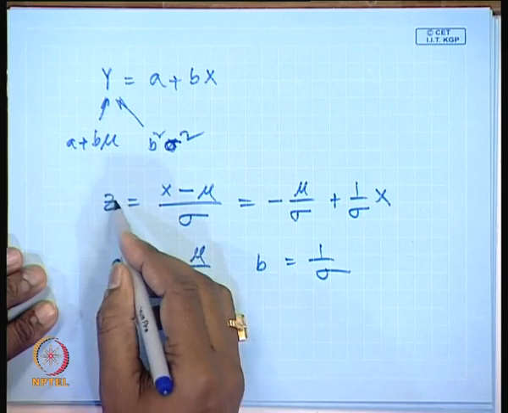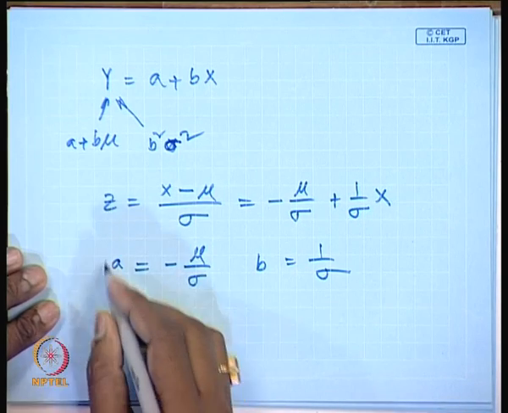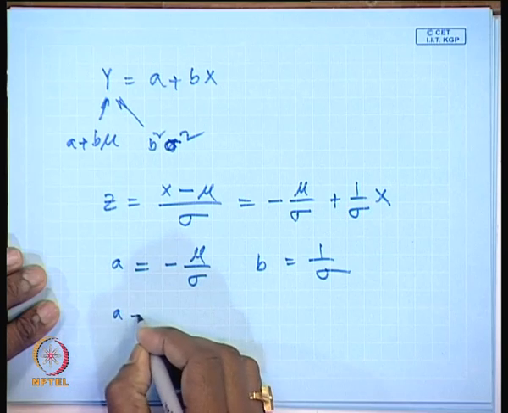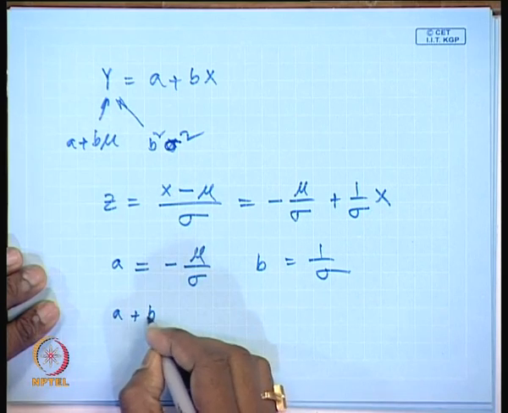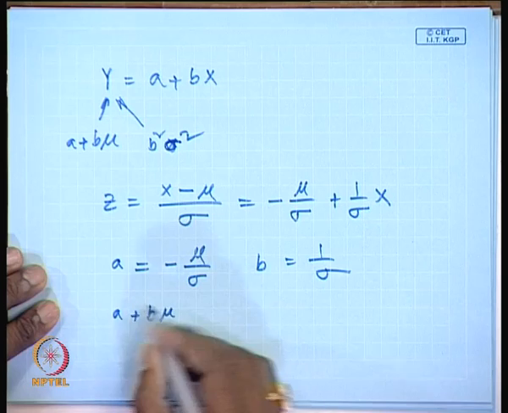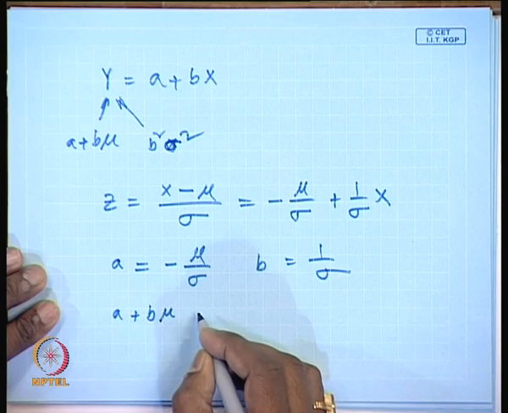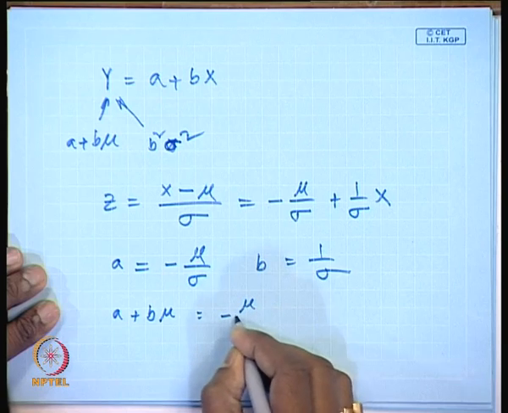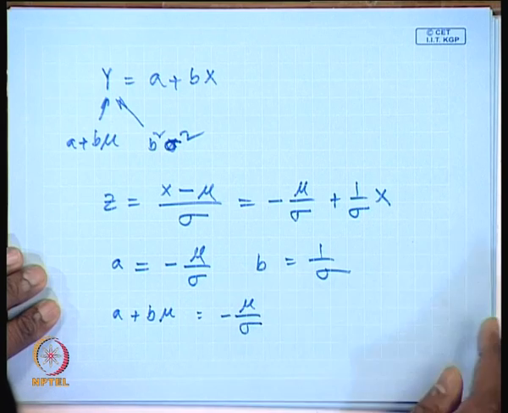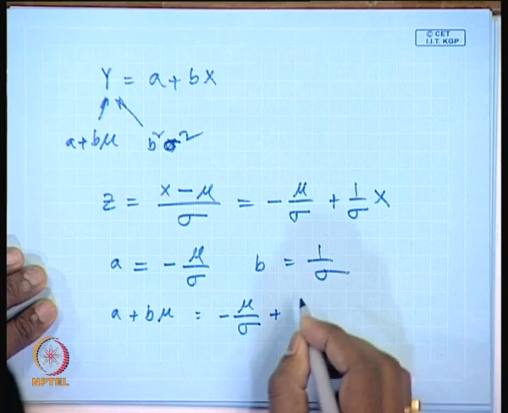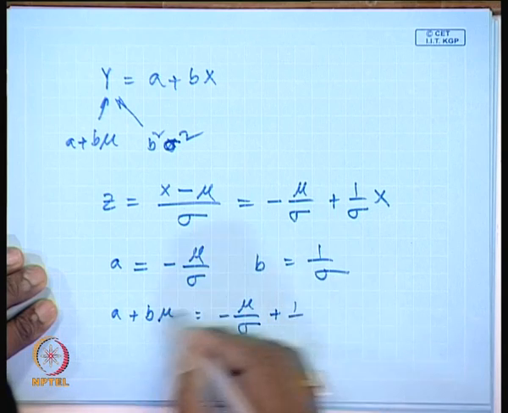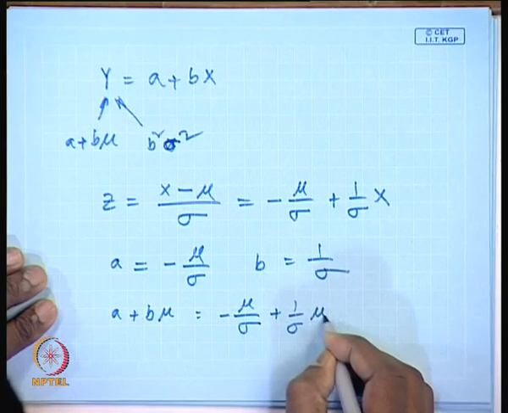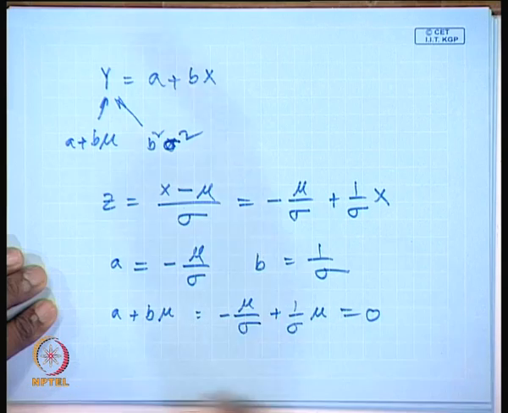So, the mean for this z will be a plus b mu. If I take it from here, a plus b mu, and put in this value, it is equal to minus mu by sigma plus 1 by sigma, since b is 1 by sigma, multiplied by mu, which is 0.